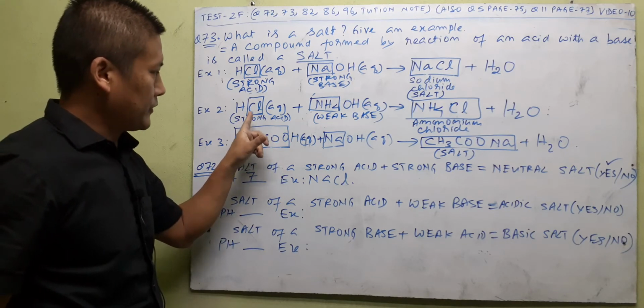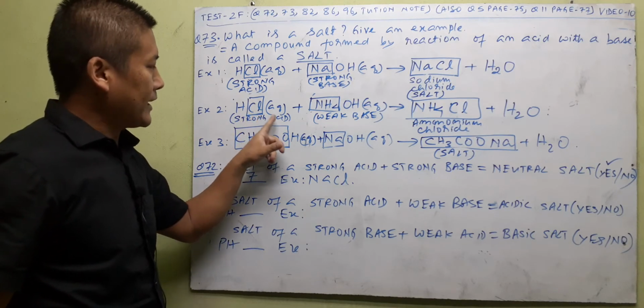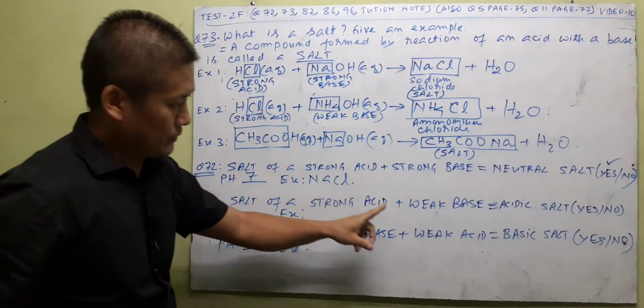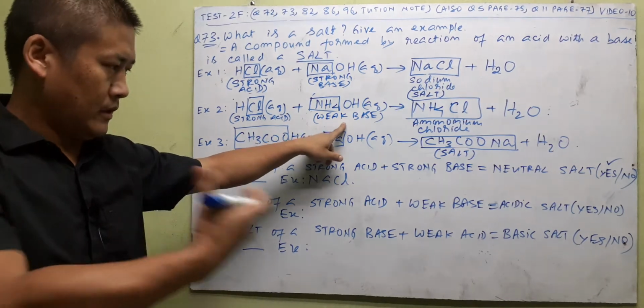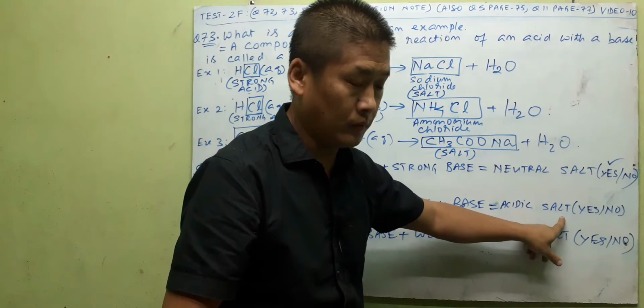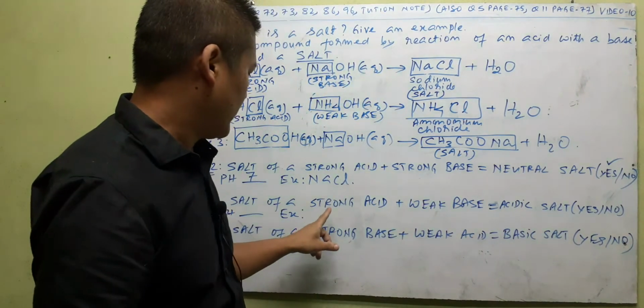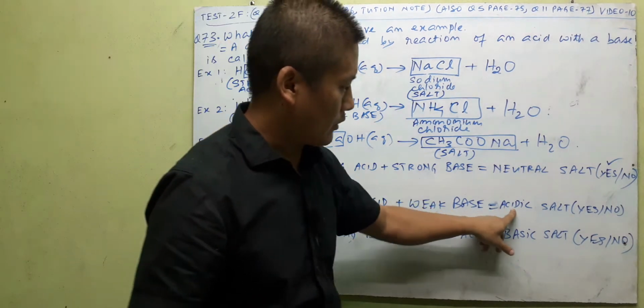The character of the salt will show dominance of acid character, because the acid is strong, so it will dominate over the weak base. So salts formed by a strong acid and a weak base are called acidic salts.